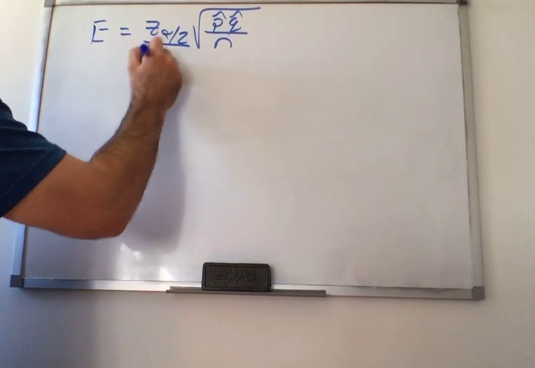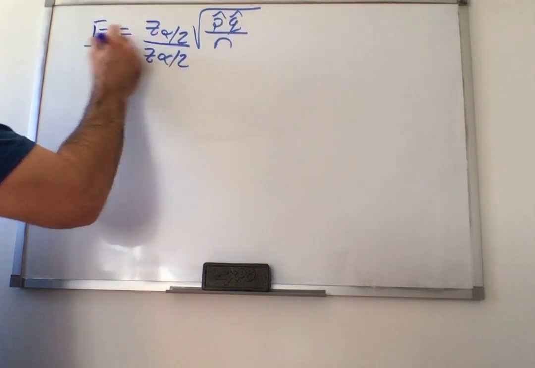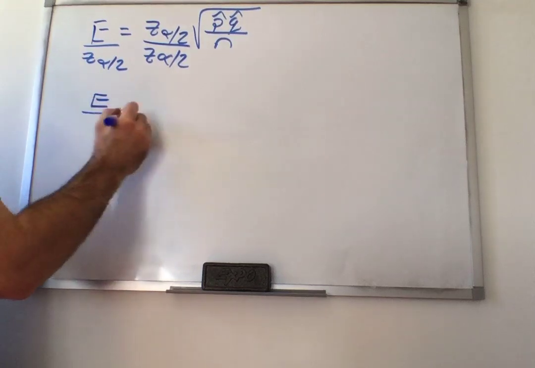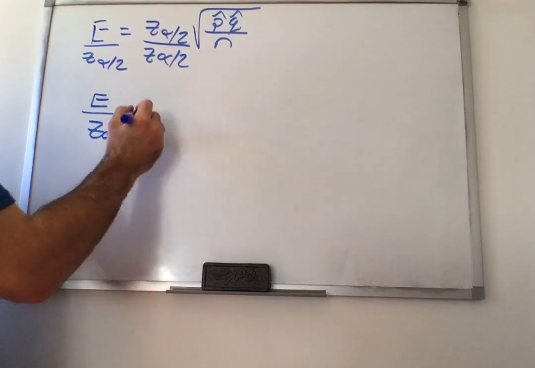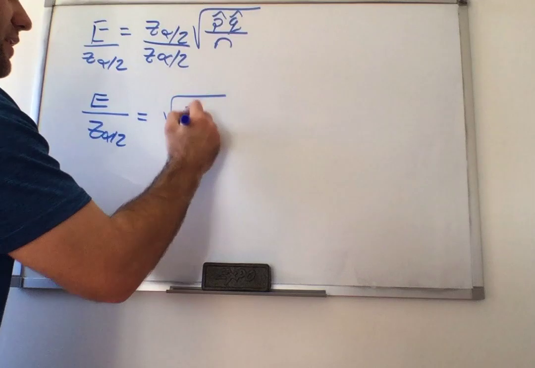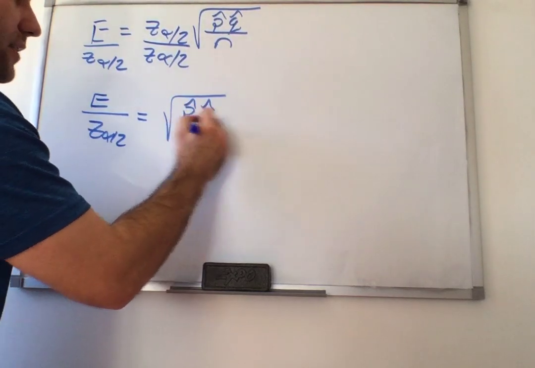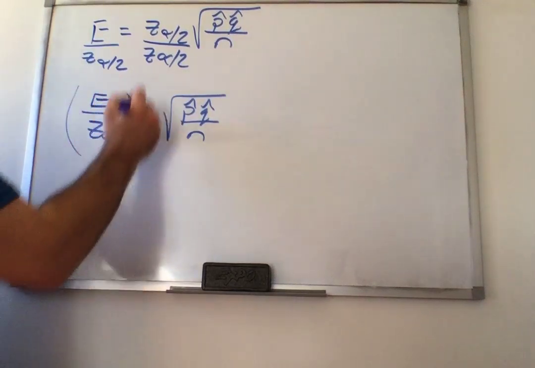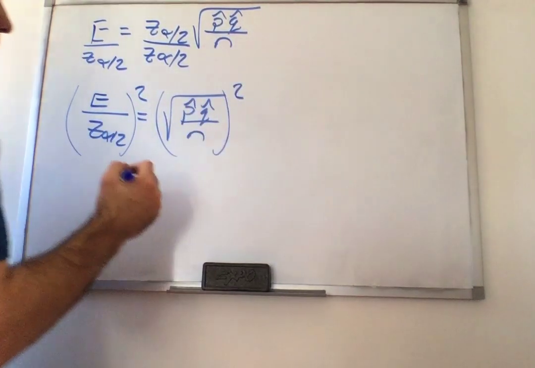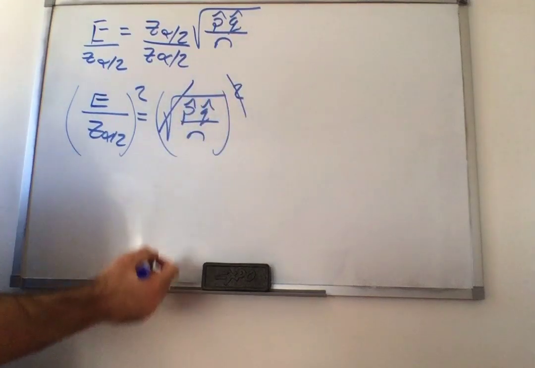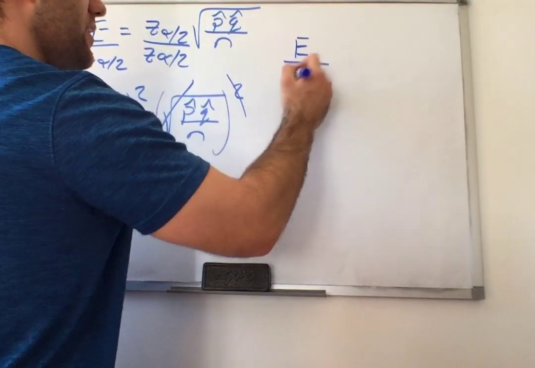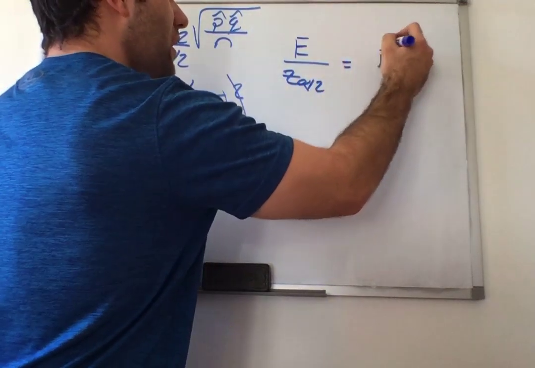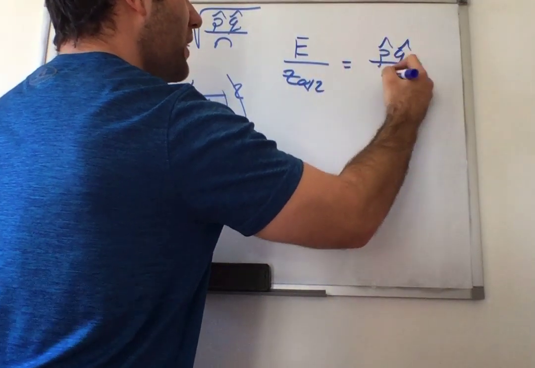So I'm going to divide both sides by z alpha divided by 2. E divided by z of alpha divided by 2 is equal to square root p hat q hat divided by n. Now I'm going to square both sides, because then the square root and the square will cancel. I get e divided by z of alpha over 2, squared, is equal to p hat q hat divided by n.